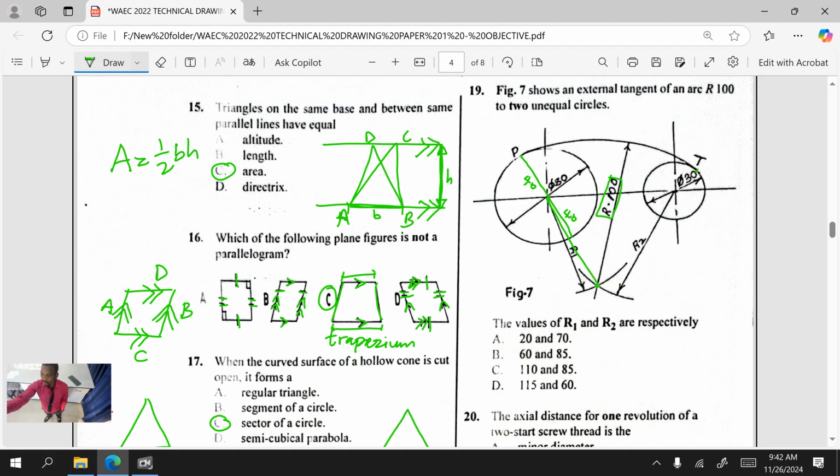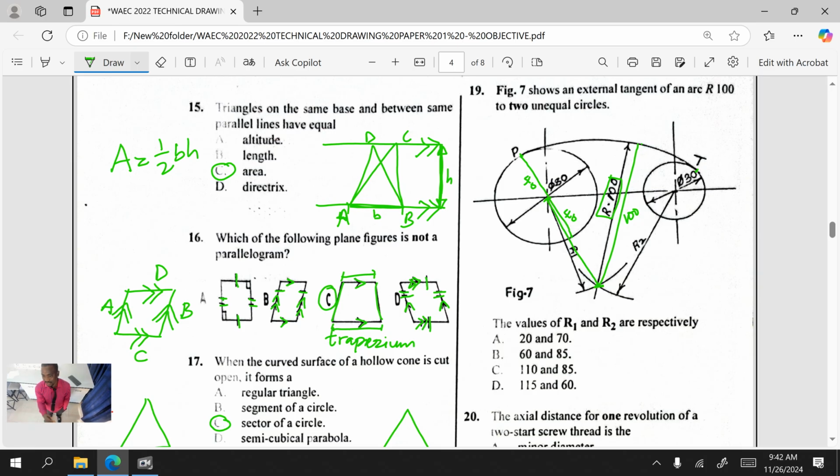Good. To this point, look at what I'm drawing, is 100. Do you get it now? And from here to here is 100. That means from here to here is what? 100. So what will be from here to here? Can you see that now? From here to here is 40. From here to here is 40. Do you get it now?